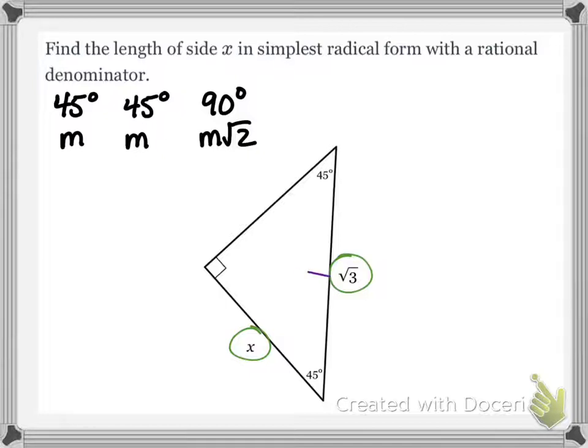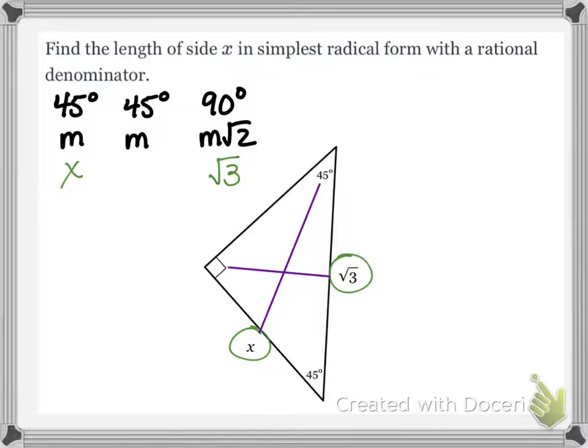Well, draw your arrows or your lines to kind of give you a visual of what's going on. Well, I noticed that my x is across from 45, so I'm going to put it over here this time. And I noticed that my square root of 3 is across from 90, so I'm going to put it over here.